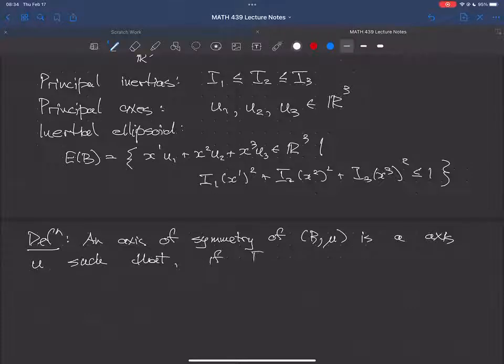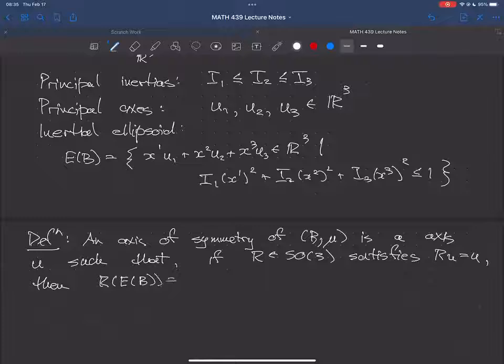if I take any rotation matrix, may as well make it determinant 1, doesn't really matter. Okay, so if you take any rotation matrix R and it fixes u, okay, then it's also true that R of EB equals EB.